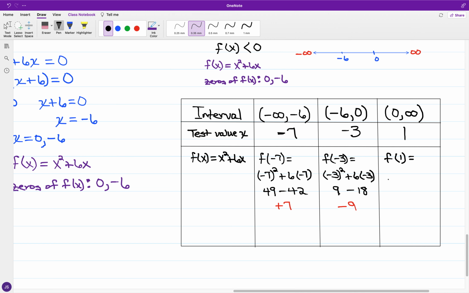And for f of 1, we have 1 squared plus 6 times 1. 1 squared is 1, so we have 1 plus 6, and that output is also going to end up at 7.